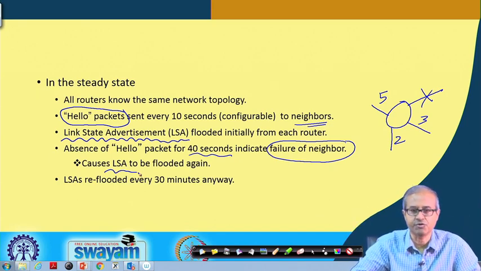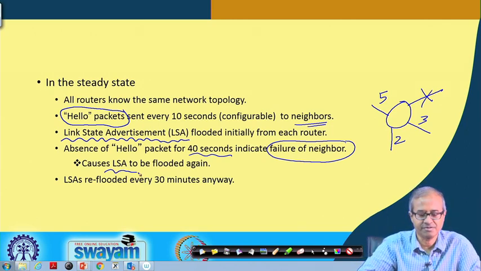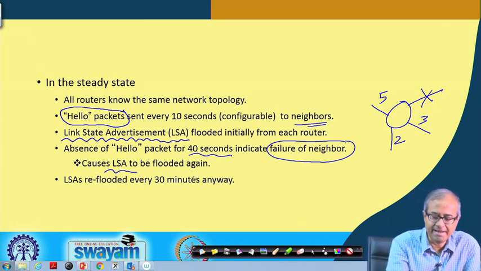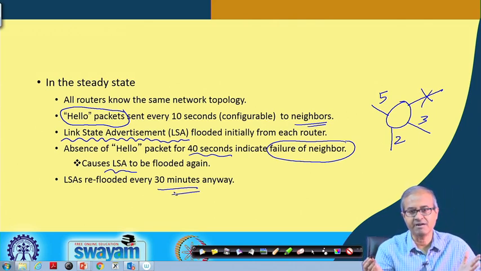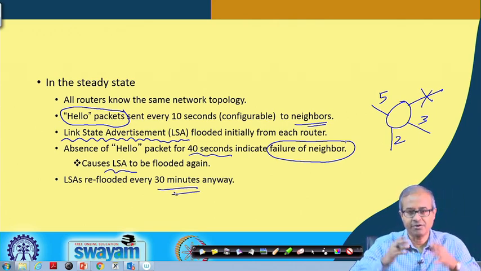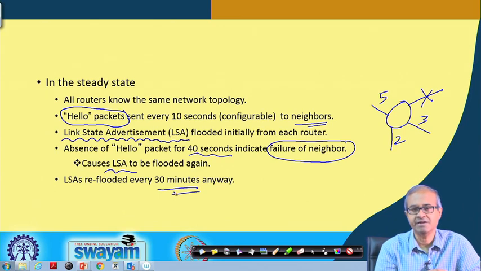This new state is forwarded, because now one router has detected that a link has failed, so let the others also know. And anyway, every 30 minutes or so, link state advertisements are reflooded by default, but once somebody detects a failure, it will be sent forcefully.